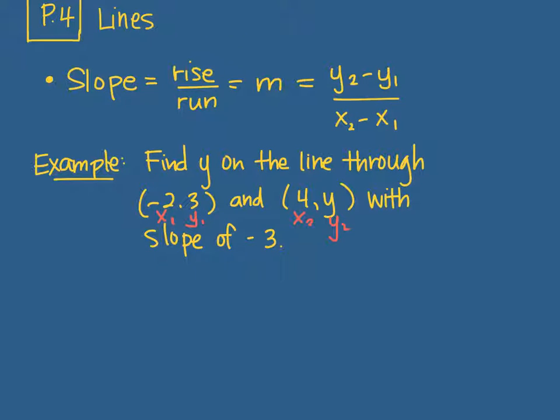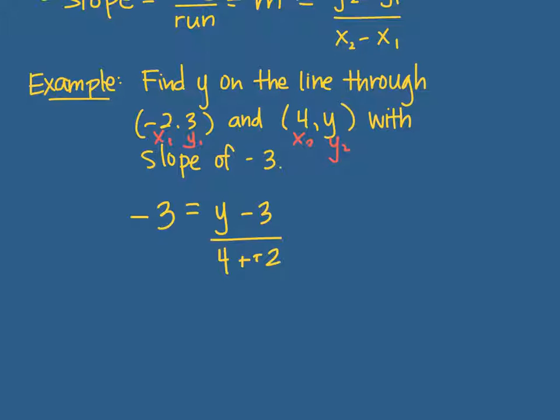So we're going to have -3 is the value of the slope, that's m, and that will be equal to y2 minus y1 over x2, which was 4, minus x1, and when you subtract a number that's already negative, what happens? Yeah, we're going to turn it into a plus. So we end up with -3 over (y minus 3) over the number 6.